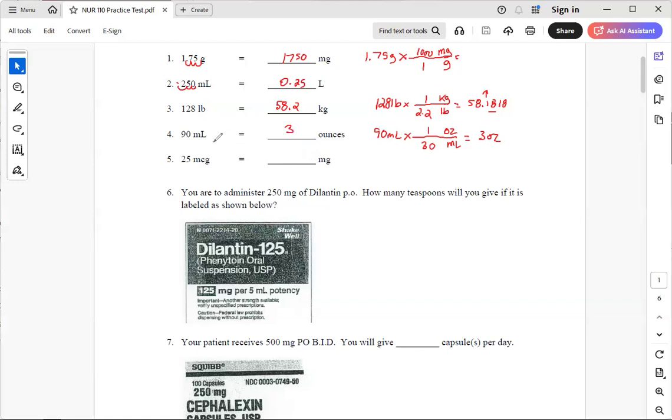Micrograms to milligrams. This is going to be a similar thing. The reason this is here is to show you that you can have very small numbers and that you don't round your decimal answers. You wouldn't round 0.25 anyways, because if you have a number less than 1, you round it to the nearest hundredth.